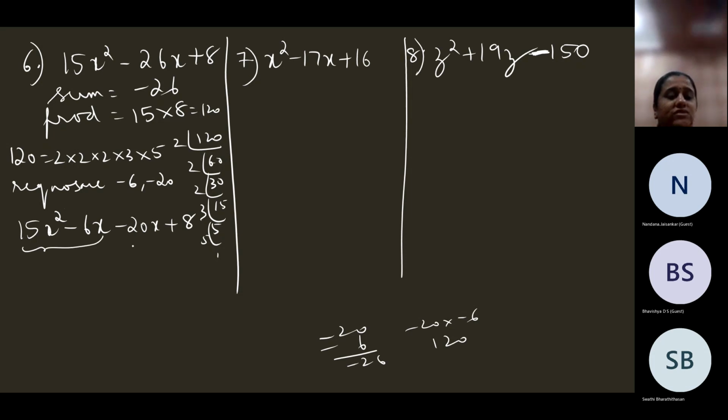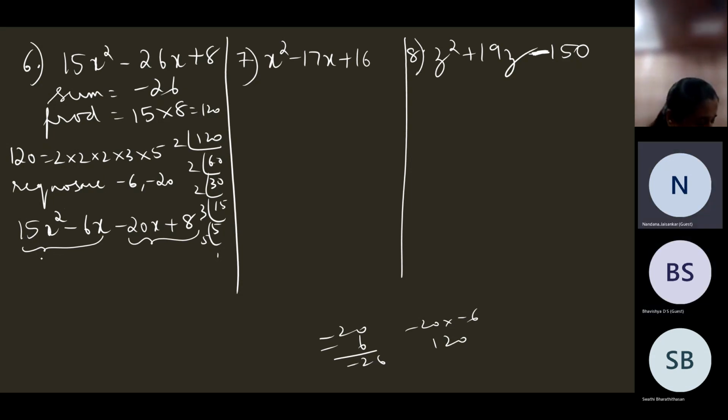Now we'll have to group the first two terms and the last two terms. What is common between the first two terms? X, ma'am. You said it correctly, but not 5.